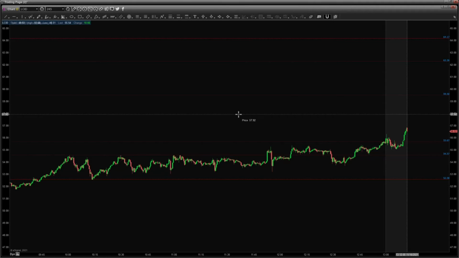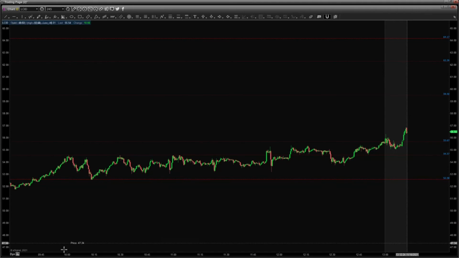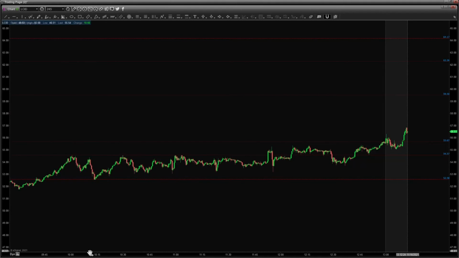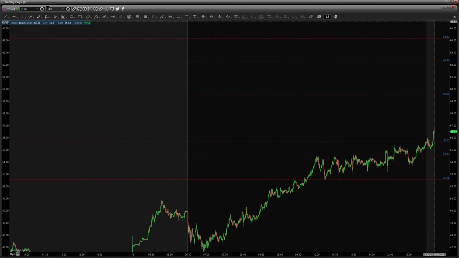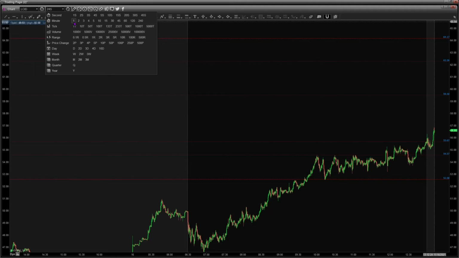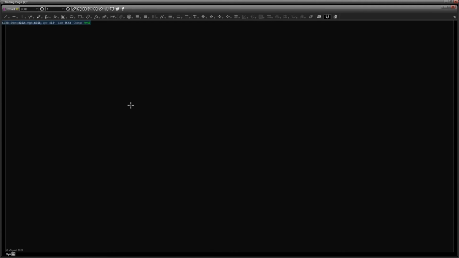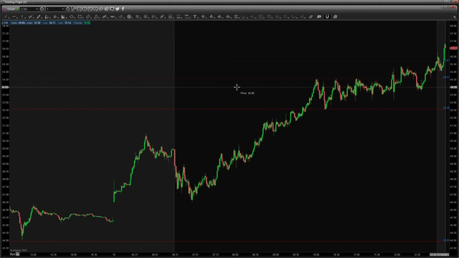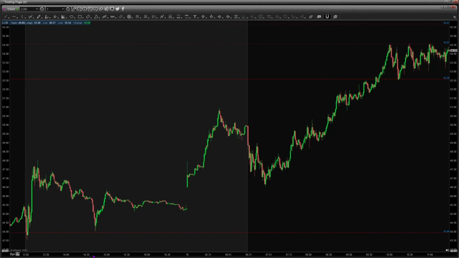You do have to pay a little bit more to get the historical data on the lower time frame charts. And it doesn't even look like I can get there. So let's try a 1-minute chart and see. Yeah, it doesn't look like I can even go back that far on a 1-minute chart either.